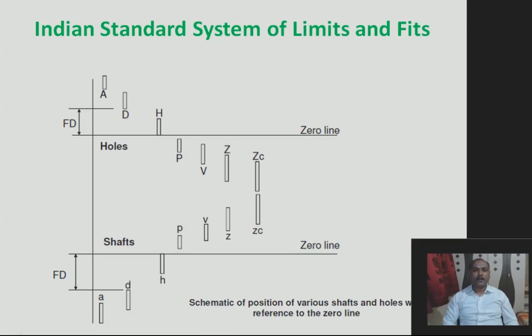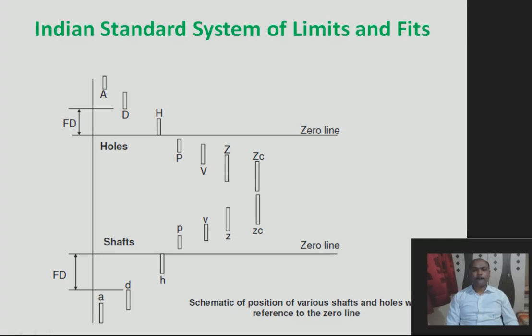So this diagram can be simplified in this manner. Capital letters A to G are above the zero line, H is on the zero line, and capital J to ZC are below the zero line. Small letters are used for the shaft: small a to small g are below the zero line, H is on the zero line, and J to ZC are above the zero line.